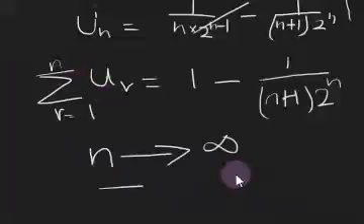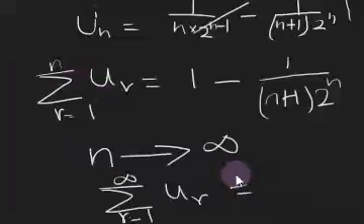Your left hand side, the sum of u sub r from 1 to infinity, is equal to... what happened to this term? As n tends to infinity, this term goes to 0, so this infinite series is equal to 1, just 1, right?